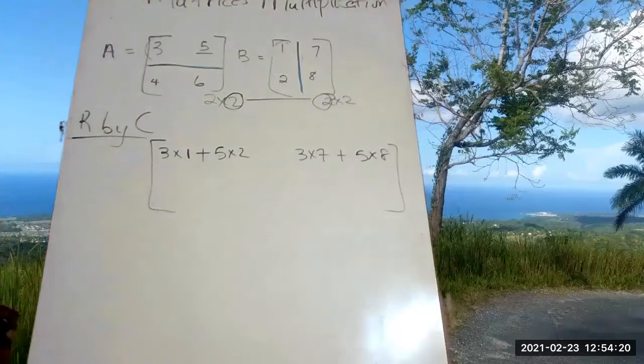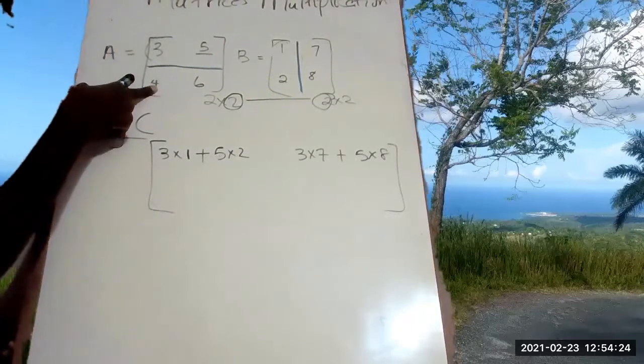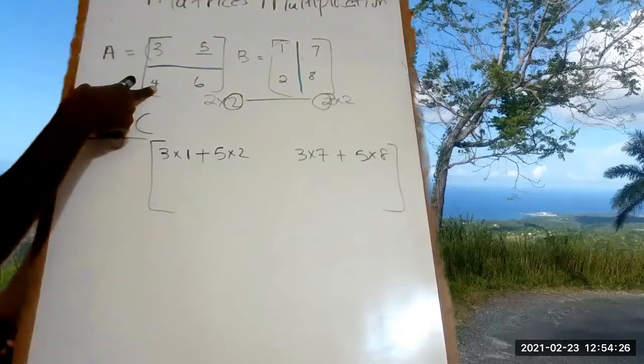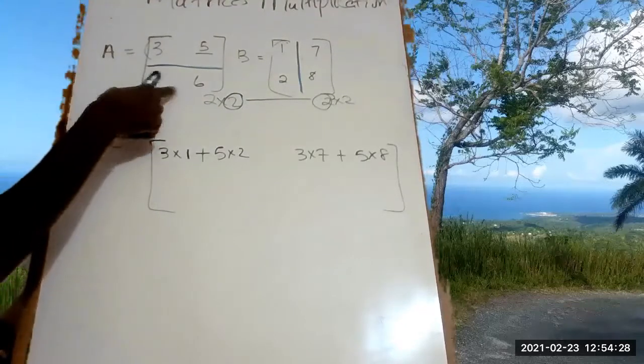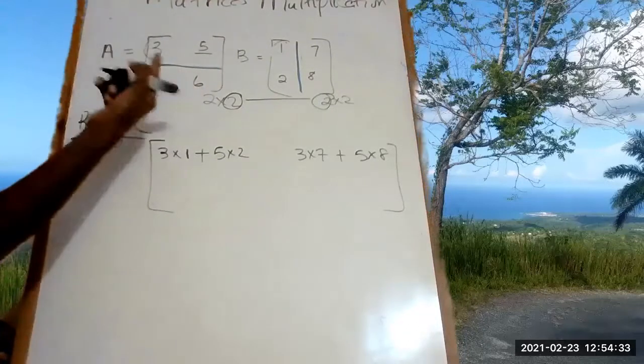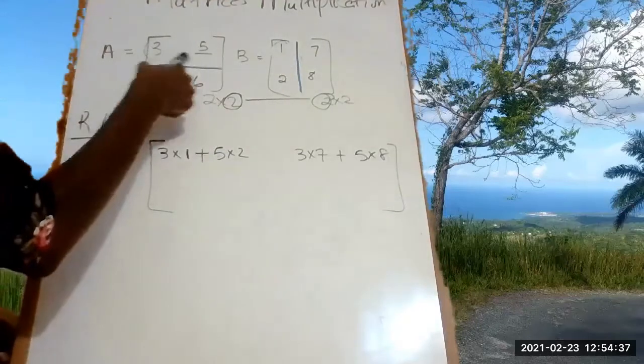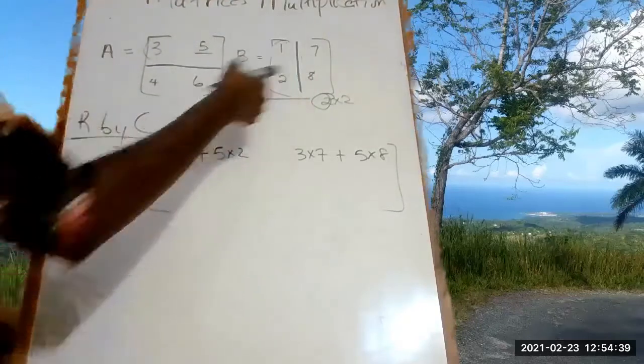First row is complete. Then for the second row, we start over the process of multiplying, but this time we're multiplying by the second row. So it's going to be the second row times the first column.